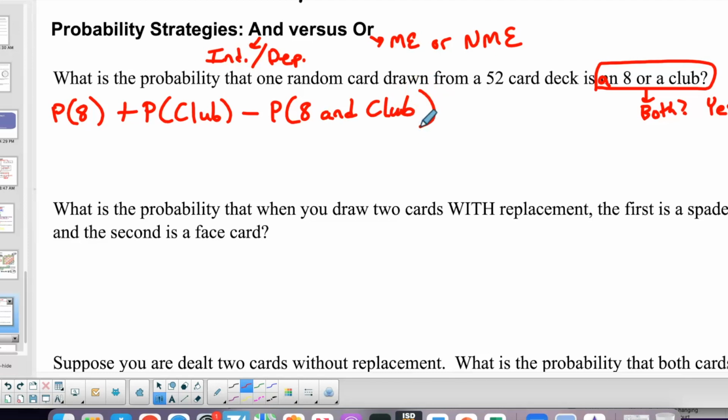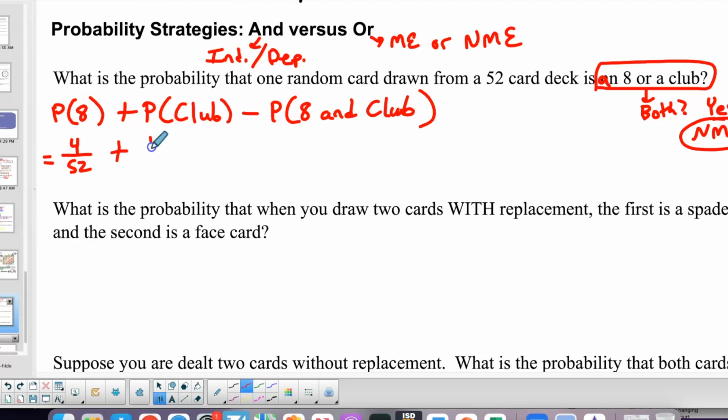So the probability that it's an 8, that's 4 out of 52. Since this was yes, that means it's non-mutually exclusive. I meant to write that. And non-mutually exclusive means we have a subtracting step.